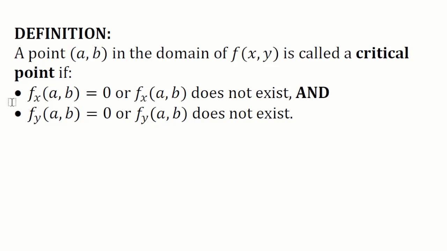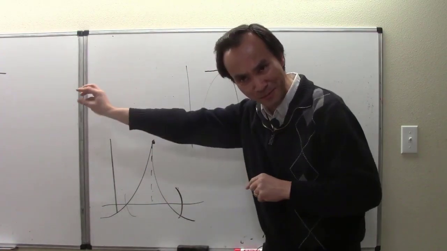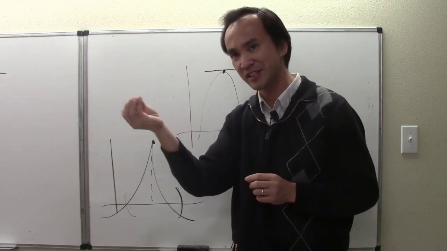As a definition, any point (a, b) in the domain of the function f of x, y is called a critical point if the partial derivative with respect to x, f sub x at the point (a, b), equals 0, or the partial derivative with respect to x does not exist. That is just like the tippy point I was indicating earlier, the sharp point, where the partial derivative with respect to x does not exist.